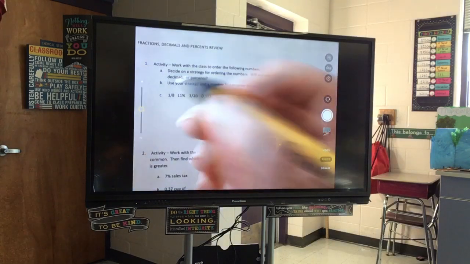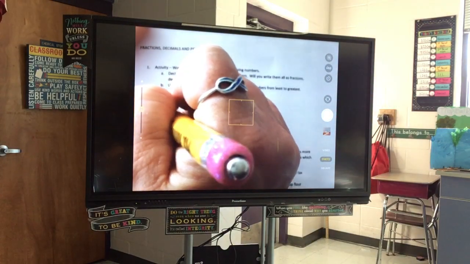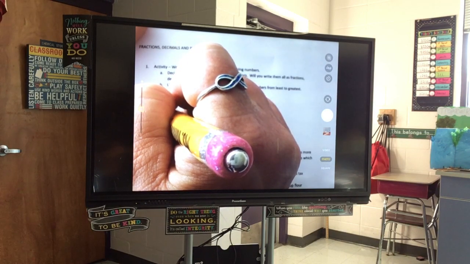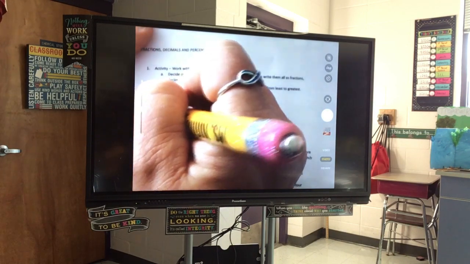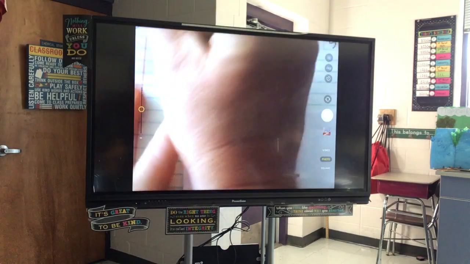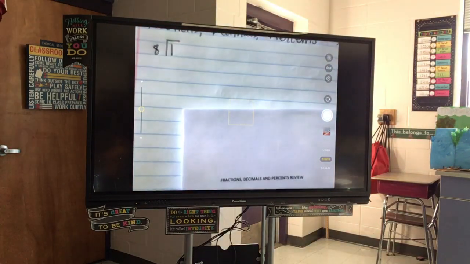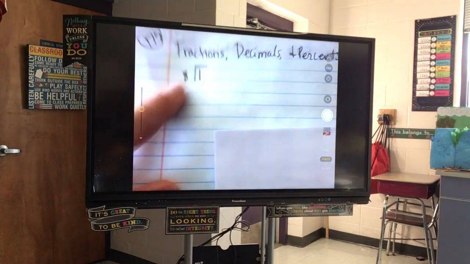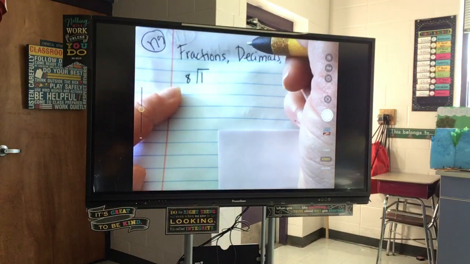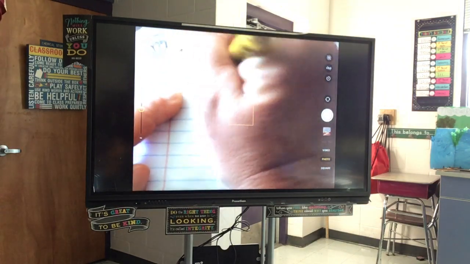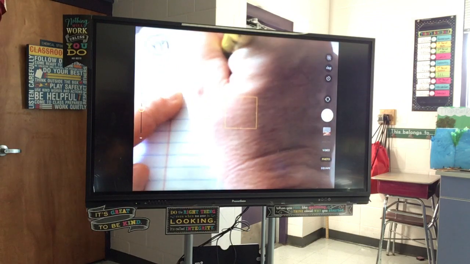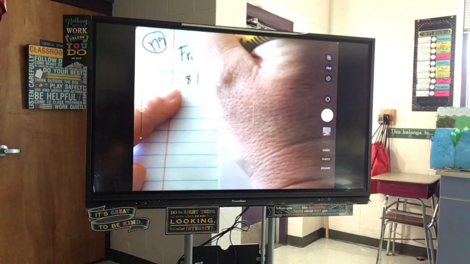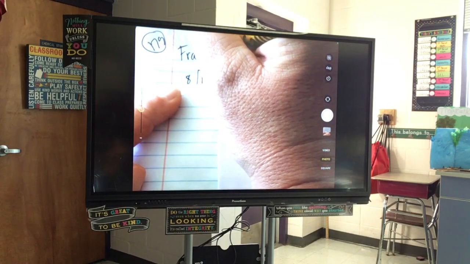Andrew? You're gonna do 1 by 8. So 1 divided by 8. And I'm actually going to do this in my notebook because there's not a ton of room down here. All right, so what can I multiply 8 by to get 1? Anything? Okay. All right, what can I multiply 8 by to get 10? 1.